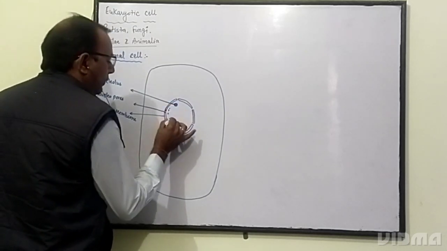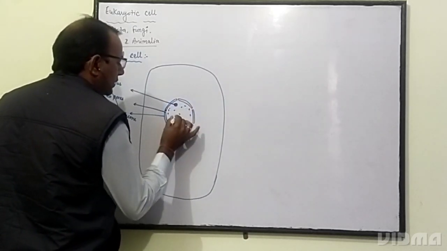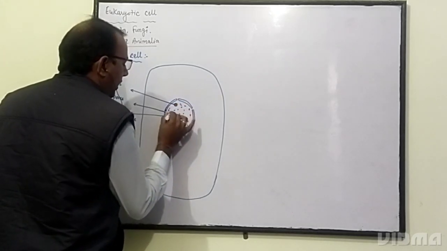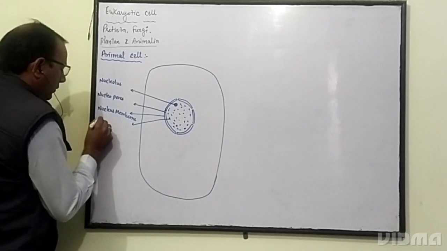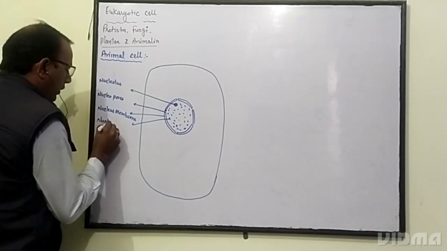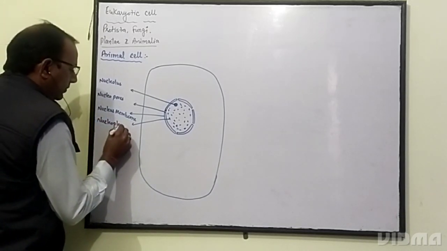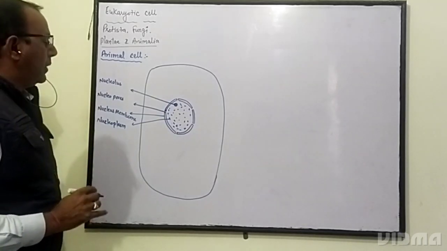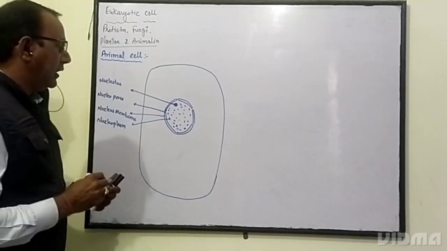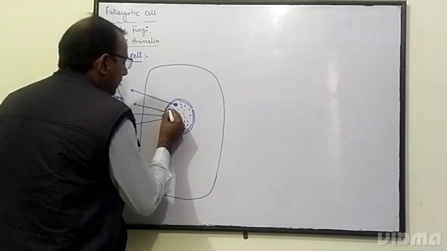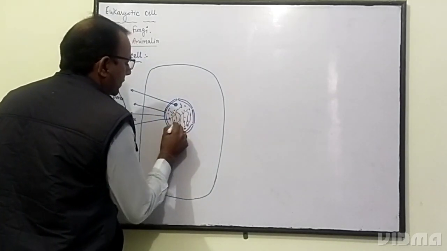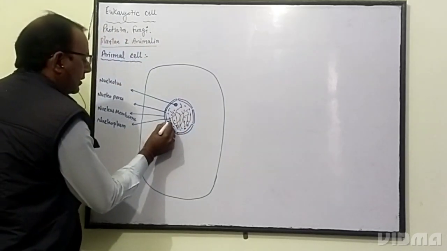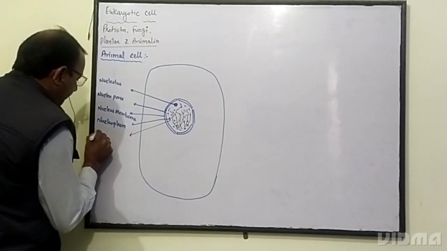Inside the nucleus, a fluid is present, and this substance is called nucleoplasm. In the nucleoplasm, there are some thread-like structures. These thread-like structures are called chromatin fibers.